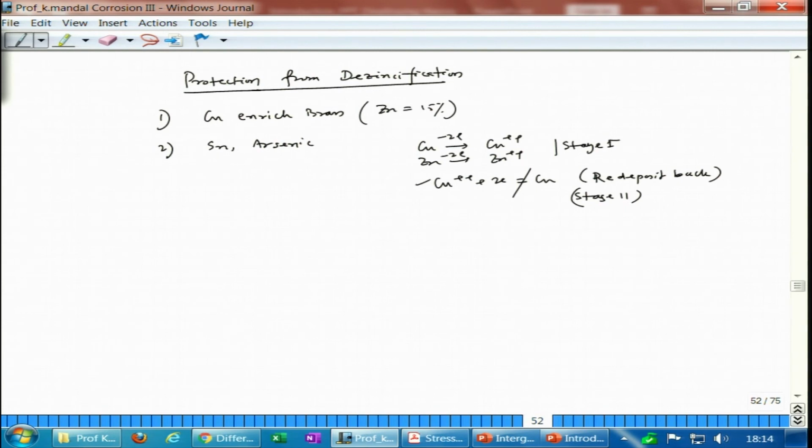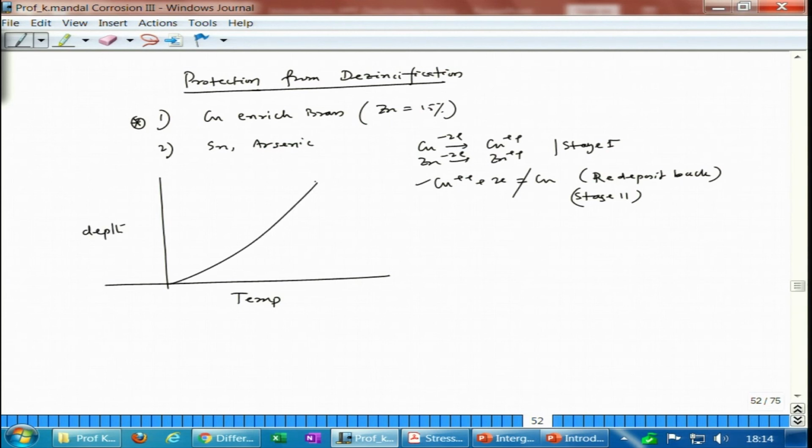Okay. We can have, for example, one such diagram, and coming to this particular effect, one can see the study of temperature and depth. Some of the metals, for example Muntz metal, which has around 40% zinc, is alpha beta brass.